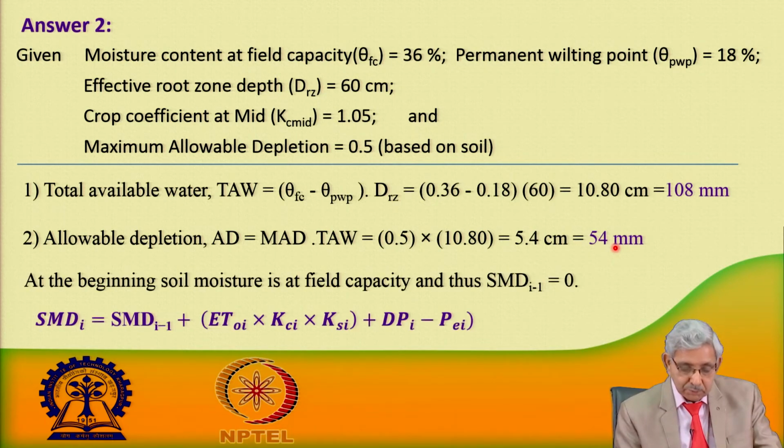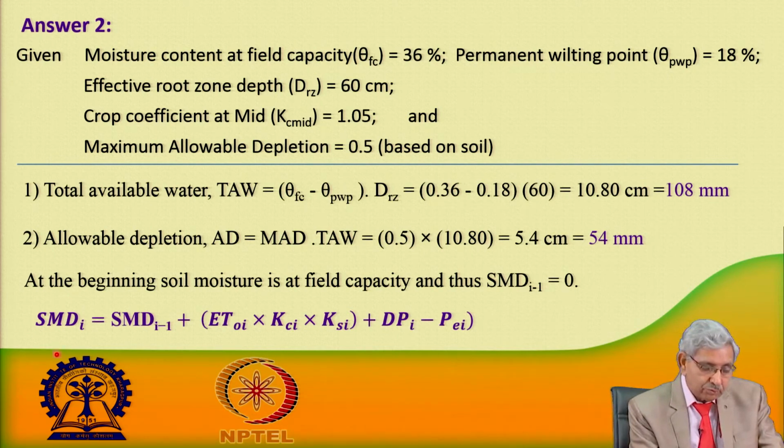So, the moisture content at the beginning is field capacity, means we do not have to give irrigation. So, soil moisture depletion in the previous day, that is i minus 1, is equal to 0.